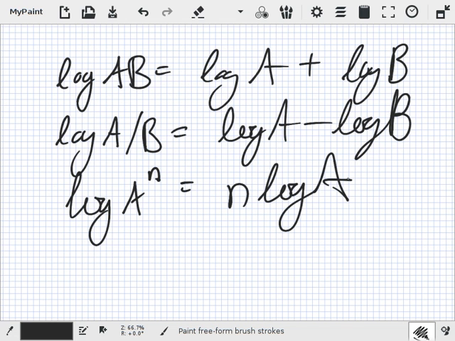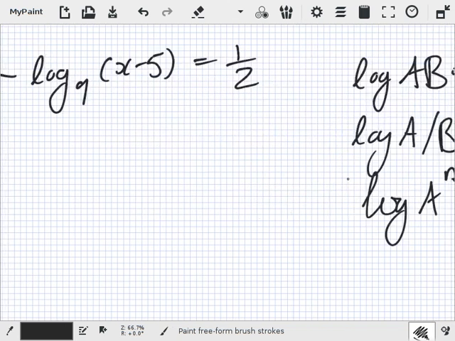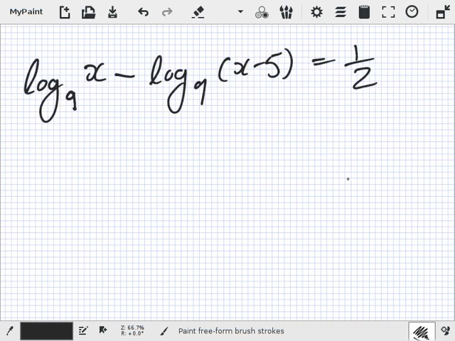Are you writing these down? So, which rule do I need here? Rule 1, rule 2, or rule 3?